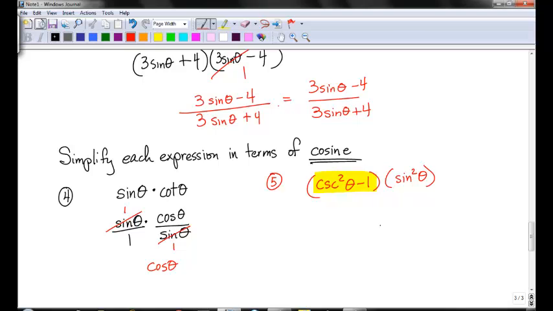Cotangent squared, right? So that is cotangent squared theta. And I would probably just leave the sine squared. You can change it if you wanted to, but I'm not going to. Now, you just told me on this last problem, cotangent was cosine over sine. So what's cotangent squared?